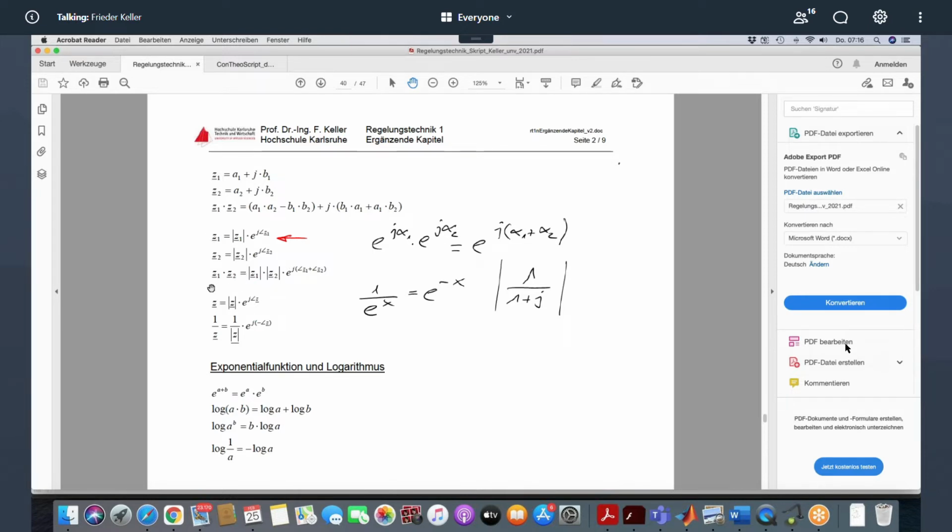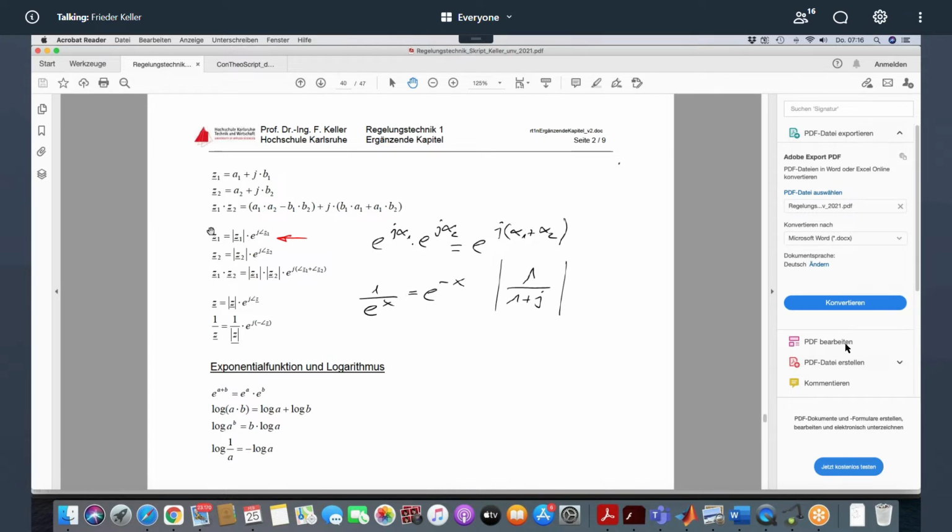We just have to multiply the absolute values, and we also have to multiply the exponential functions. As we know, e to the power j alpha 1 times e to the power j alpha 2 means we sum up the exponents, so we just sum up the angles. So multiplication in this form is pretty easy. Whereas the real part, imaginary part representation is good for subtraction or addition: we sum up the real parts and the imaginary parts, and that's it.